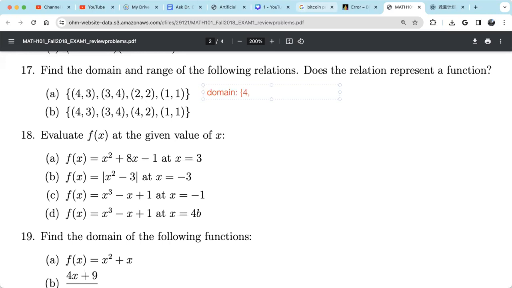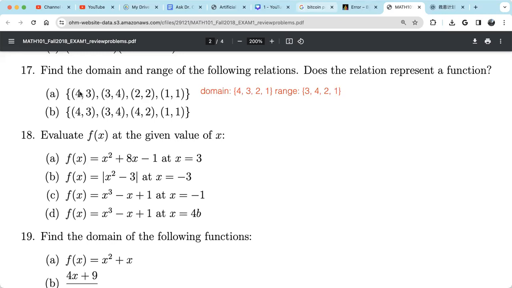So we have 4, 3, 2, 1. Range is the second member. So we have 3, 4, 2, 1. Same, right? Just a special case. Domain and range are the same.